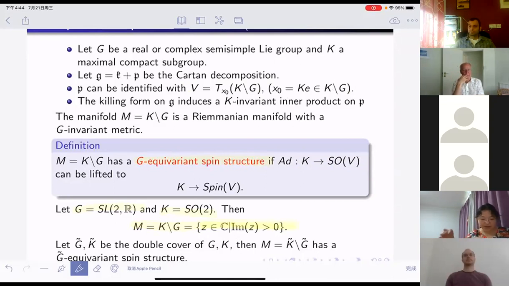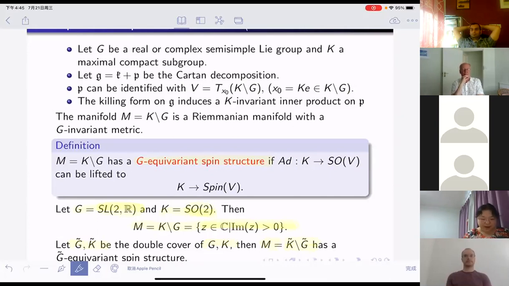Since the fundamental groups of both SO(2) and SL(2,R) are Z, they have a double cover, and fortunately, the double covers are also groups. So we can take the double covers of G and K as groups, and we can form the quotient, which is still M. But with this double cover, one can always talk about a G-tilde-equivariant spin structure.